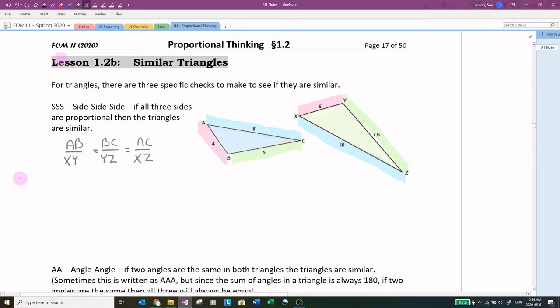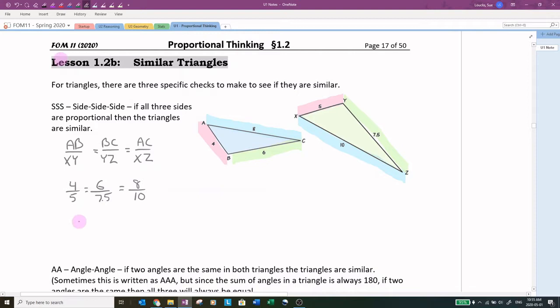Okay, I'm going to put in some numbers here. So AB is 4, XY is 5, BC is 6, and YZ is 7.5. AC is 8, and XZ is 10.